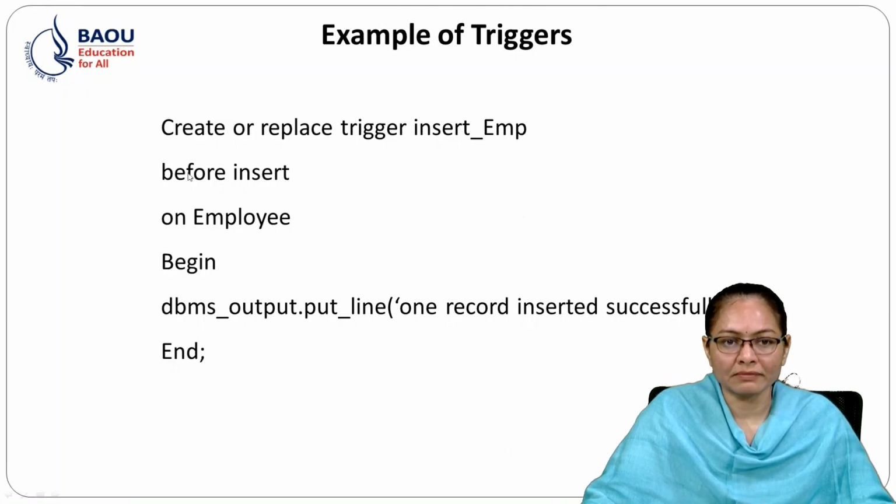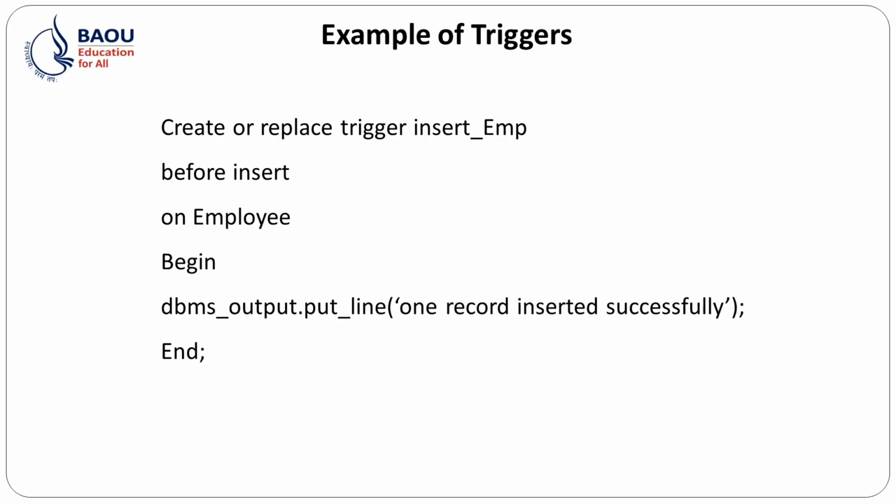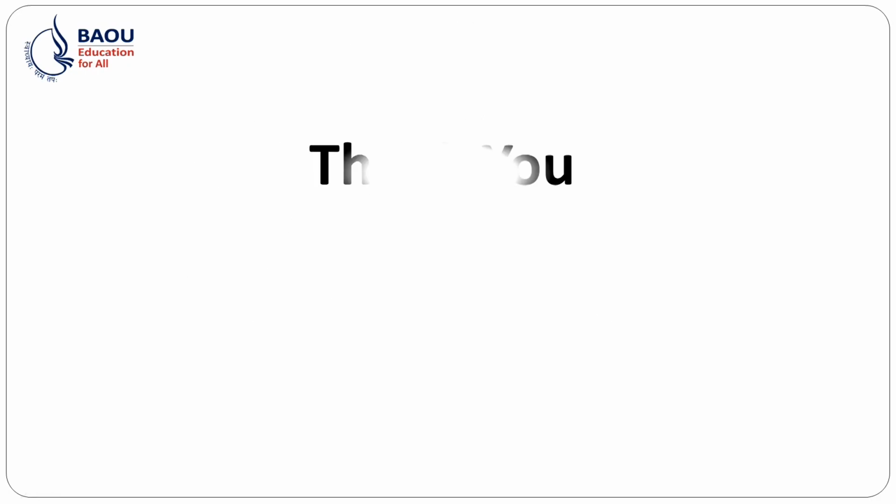So here we can put before or after, and after that an insert or update or delete statement. So before insert, delete or update, this trigger will be created to fire when we insert, update or delete the data in the employee table.